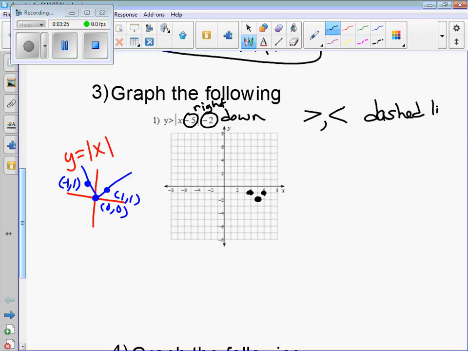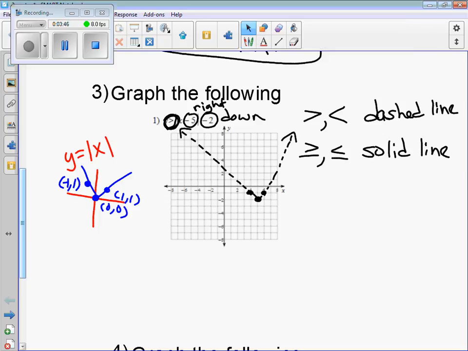That's how we distinguish between less than or equal to and greater than or equal to, which is going to be a solid line. We have less than or greater than here, so it will be a dashed line. Then we look at whether it's less than or greater than.